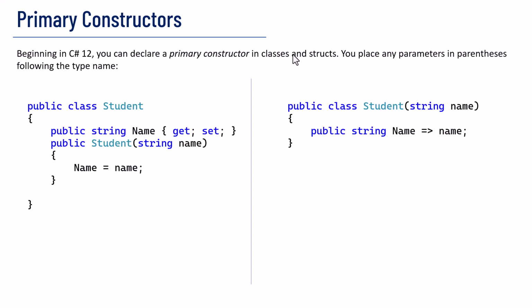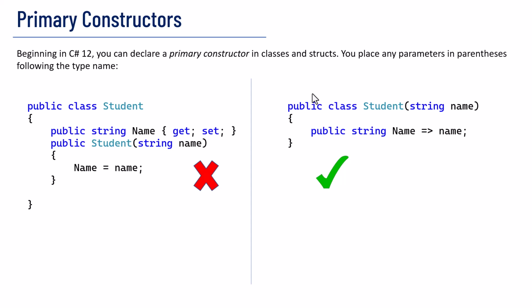So you can write less code. So in C# 12 we can say this is an old way and this is a new way, the proper way to define a constructor for a class. It's as easy as you can see.